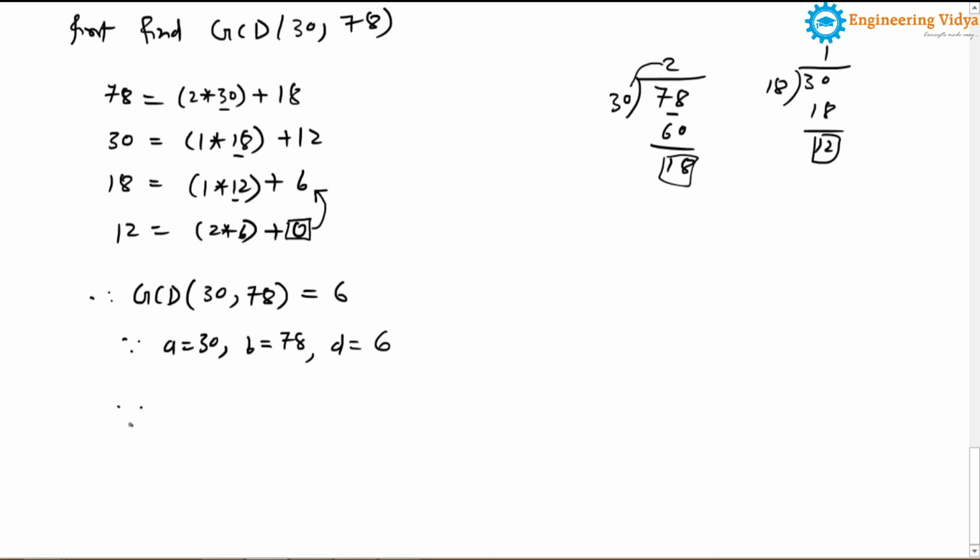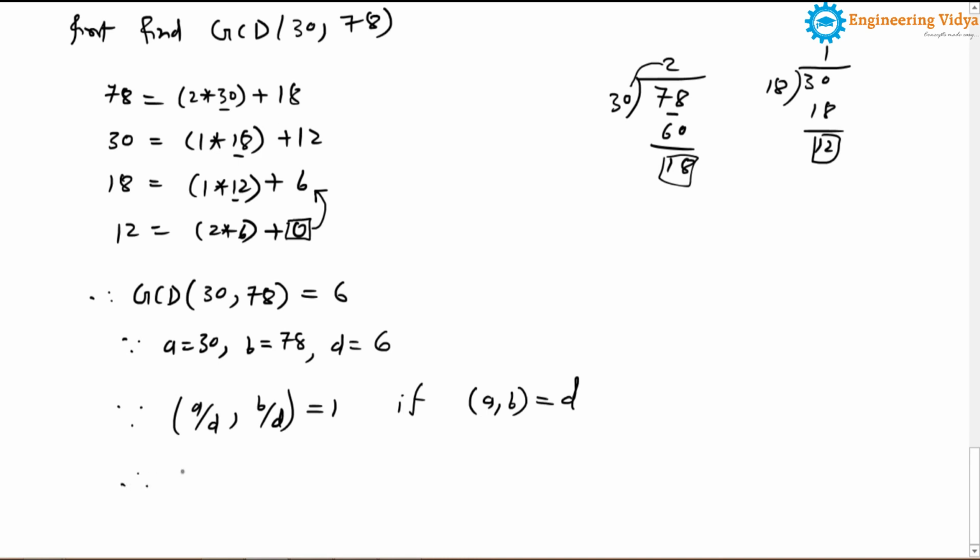Since we know that the GCD of A by D and B by D is equal to 1 if the GCD of A comma B is equal to D, we'll write it over here.